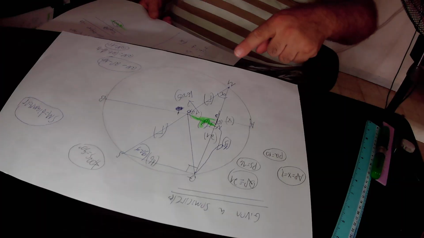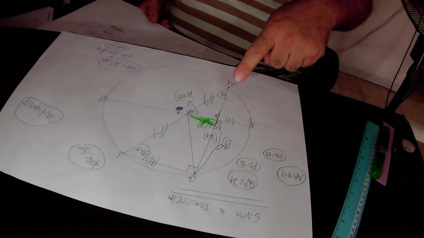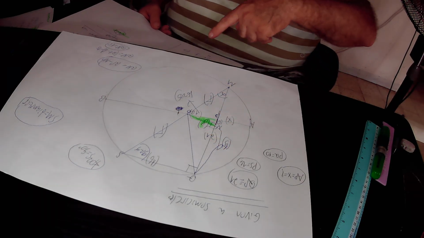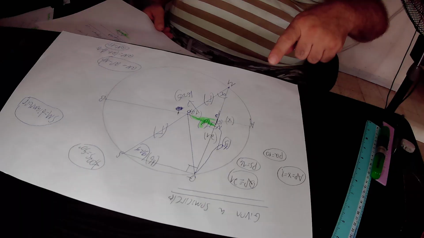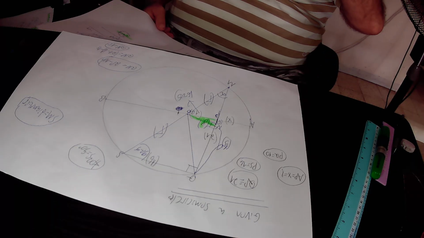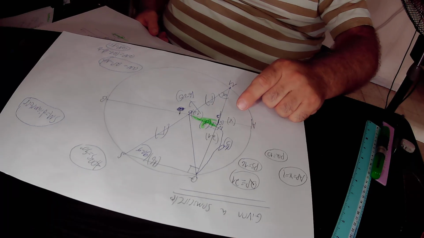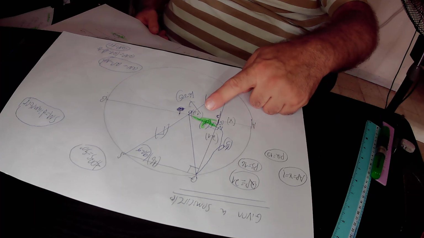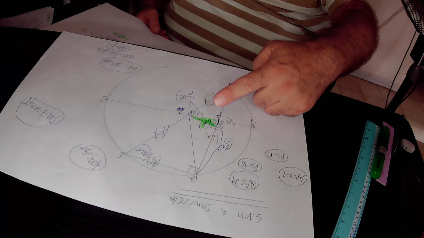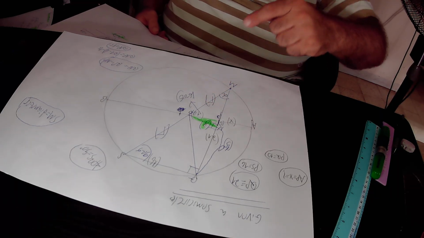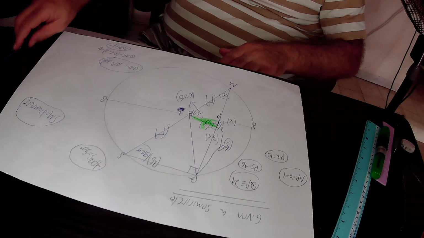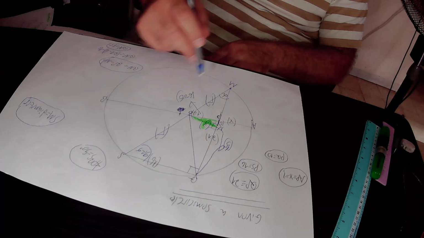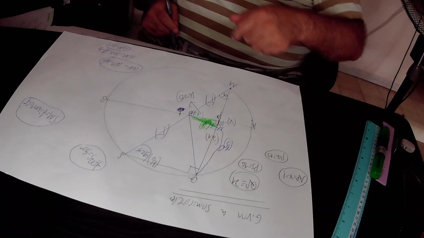We derive that side ON of the small right triangle ONM over side QS of the big right triangle QSM is equal to side MO of the small right triangle over side MS of the big right triangle QSM.